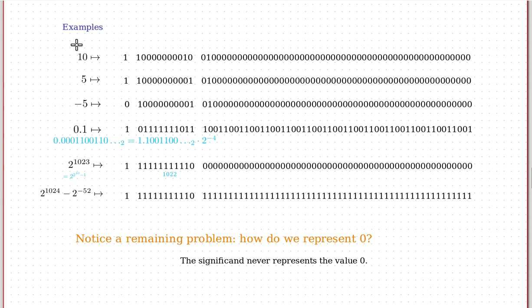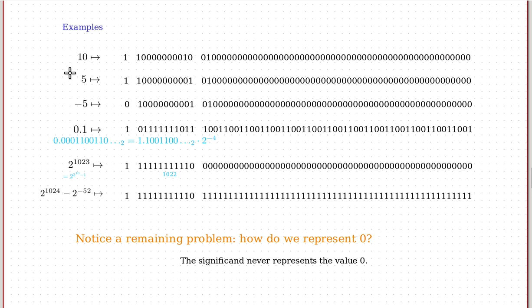So, as we just saw, the number 10 can be represented in this format by 1 in the sign position, by the number 1026 in the exponent position. 1026, that's the actual exponent of 3 plus 1023, is how we represent the exponent 3. And then the significand for 10 was 1.01, which we represent as only the decimal part 0, 1, 0, 0, all zeros from there on.